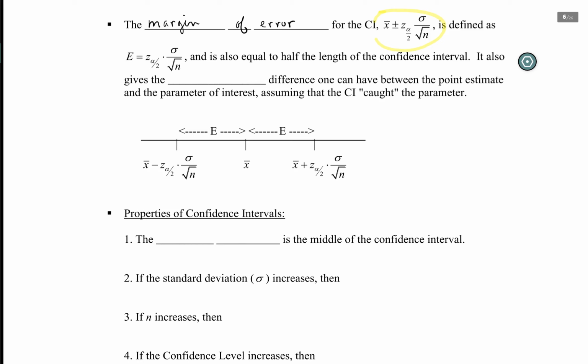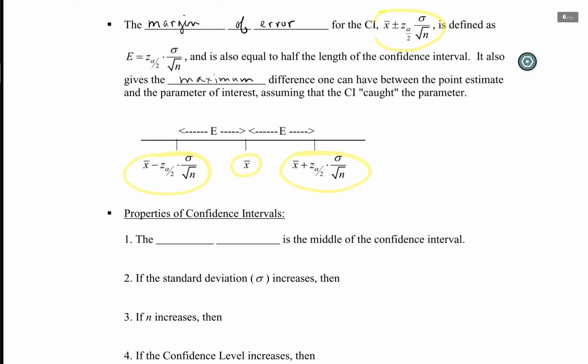The margin of error also gives the maximum difference one can have between the point estimate and the parameter of interest, assuming that the confidence interval caught the parameter. So take a look at this picture. When we think of a confidence interval in its picture, here the midpoint of the interval is x bar. This is the upper bound, x bar plus the margin of error, and x bar minus the margin of error.